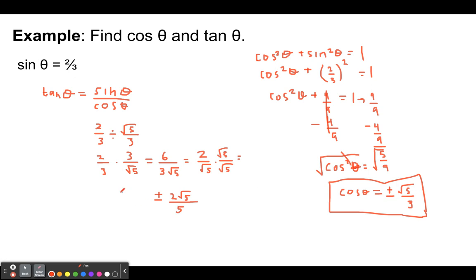So my tangent of theta is equal to plus or minus 2 root 5 over 5. And we will talk later about how to know for a specific problem whether you should be using the positive or negative values of these functions.